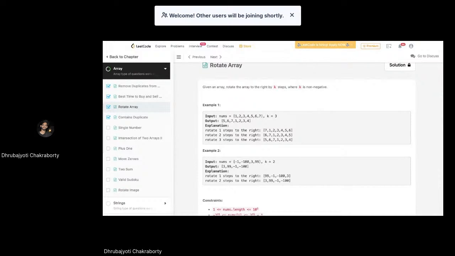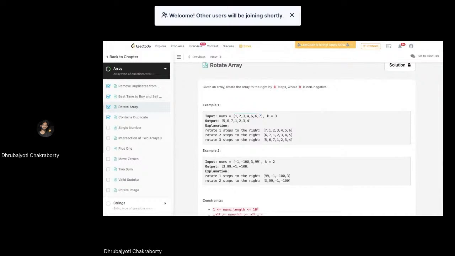Let's say the first window that I get is 1 and 2, and then I have 1, 2, 3. I will keep on reversing the values until my k value is satisfied. In this case I have 1, 2, 3, 4, 5, 6, 7, so I'll keep on swapping the values until we have 7 at the first place, then 6 at the first place, and then 5 at the first place.